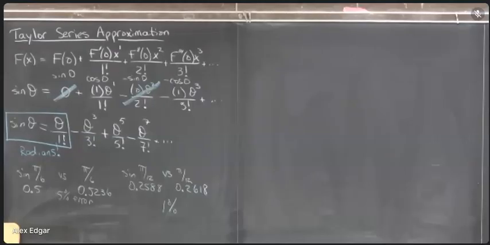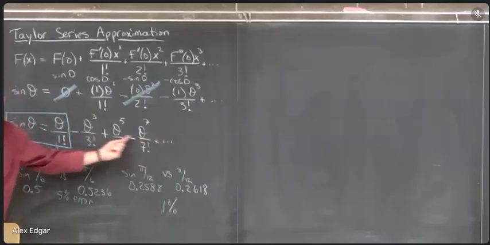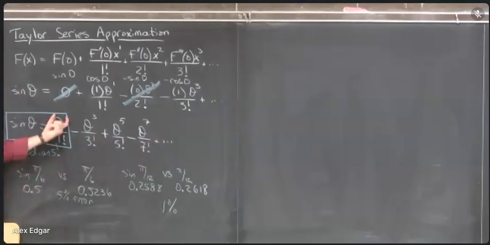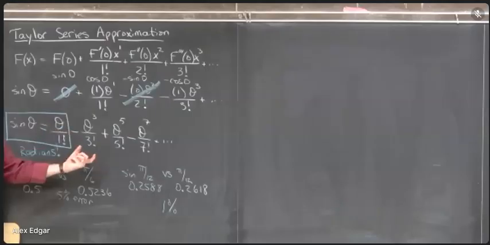What this whole Taylor series is saying to us is that as long as we keep the angle small, remember we're in radians, not degrees here, we're allowed to do this. As soon as you get too far away from 0 degrees, you are not allowed to make this approximation.